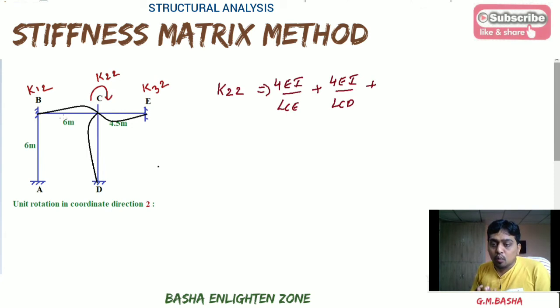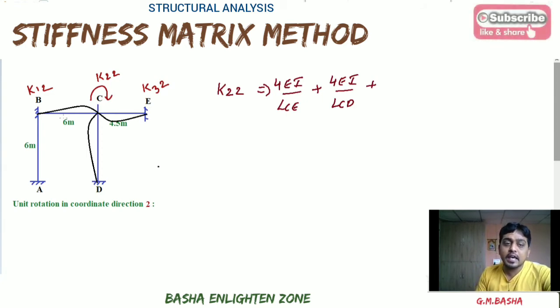Wherever you are applying unit rotation at a particular coordinate, see how many members are connected at that joint. If there is one more member, a first floor column, you can take rotation for that column also. But here at this joint, 3 members are connected, so based on that I am applying 3 unit rotations at those members.